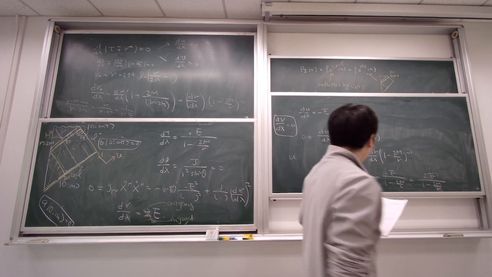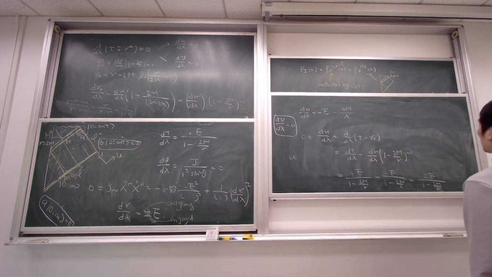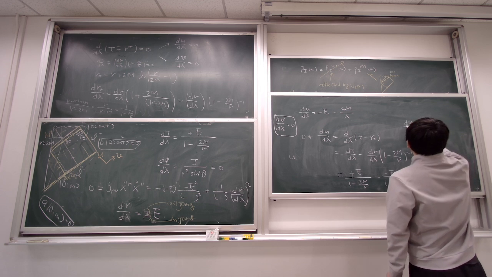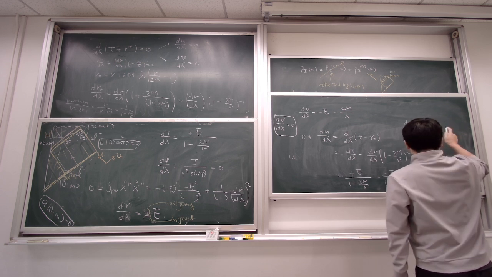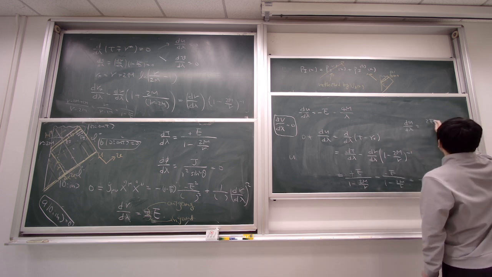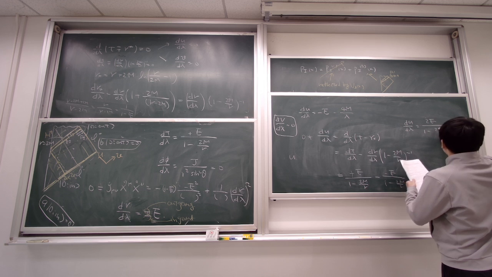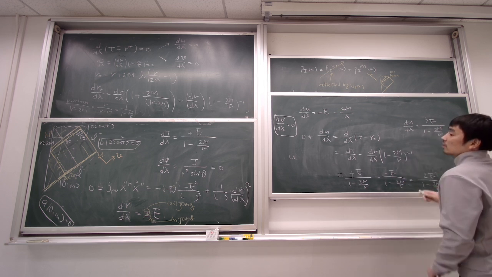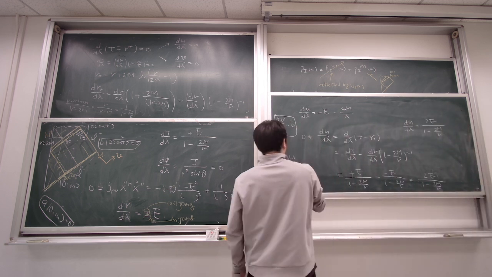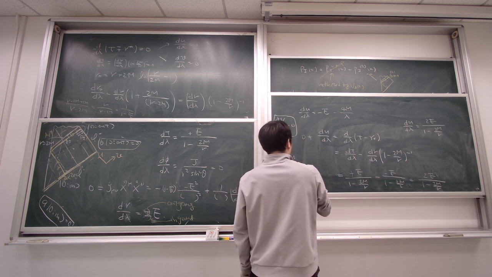Okay, and then this one is equal to, so du d lambda is 2e divided by 1 minus 2m over r, and we know that dr divided by d lambda is minus epsilon.